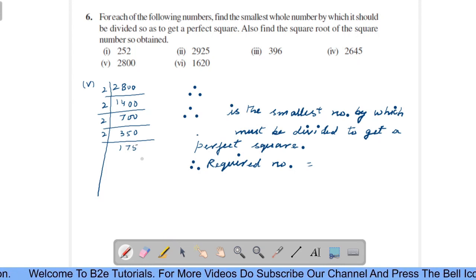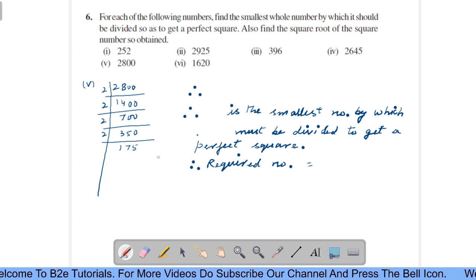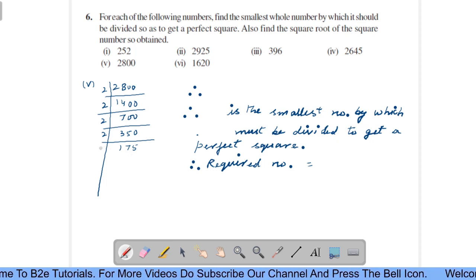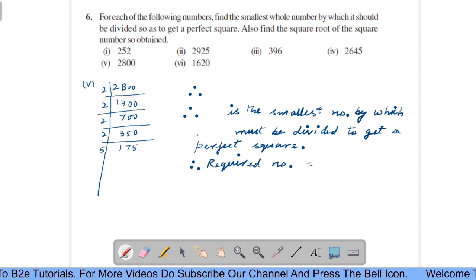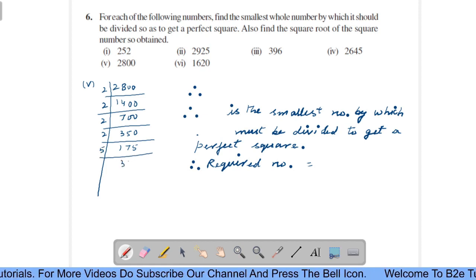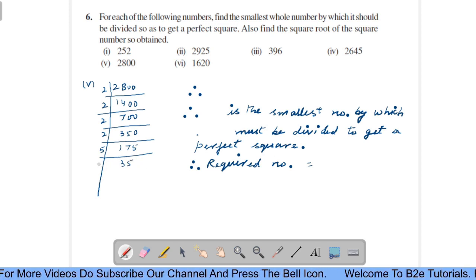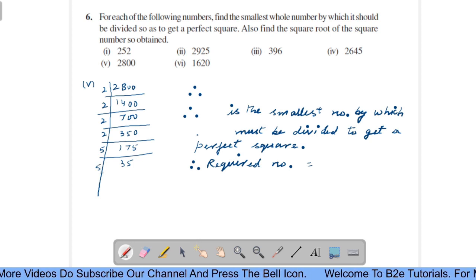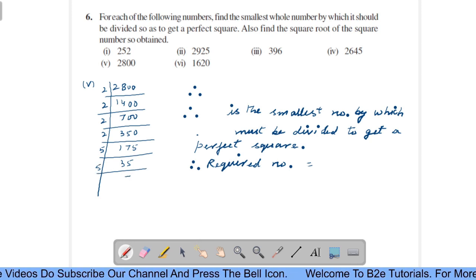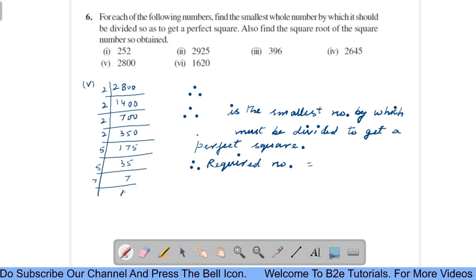Now by 5, it is 5 3 is 15, 5 5 is 25. Then again by 5, it is 5 7 is, again by 7 you will get 1.